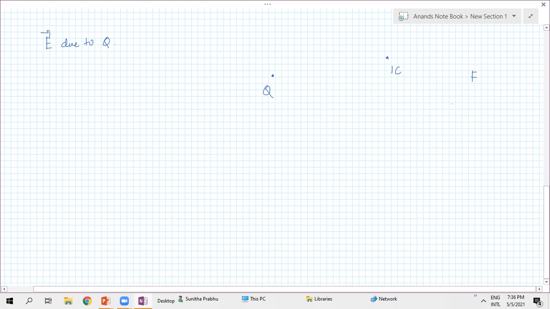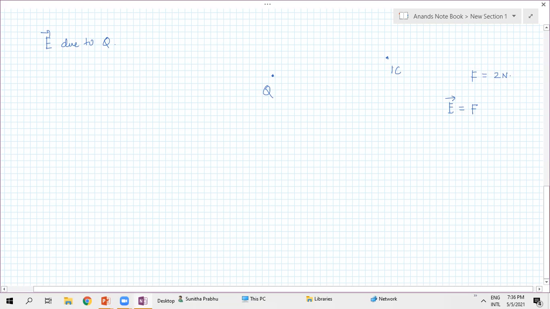E vector is equal to vector F by q naught. So we have q naught as 1 coulomb, and the force is given. Because the force is given when you are able to calculate the force, right? So supposing that force is coming as some 2 Newton, right?